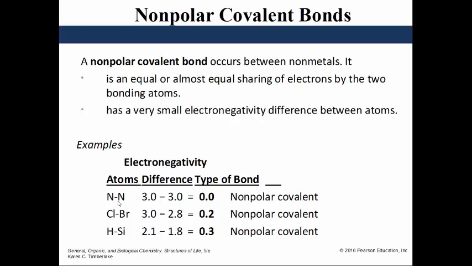It's like with hydrogen, so there's going to be no difference in electronegativity. That's nonpolar covalent. Chlorine and bromine, very, very small difference. That's also going to be nonpolar covalent. And hydrogen and silicon, a very, very small difference also. So because that difference of electronegativity is either very, very small or almost 0, that's considered to be a nonpolar covalent.